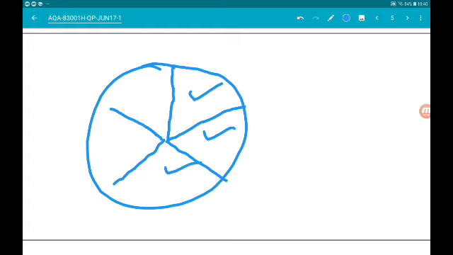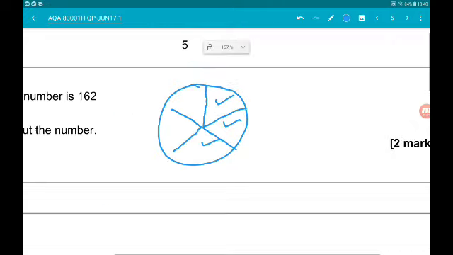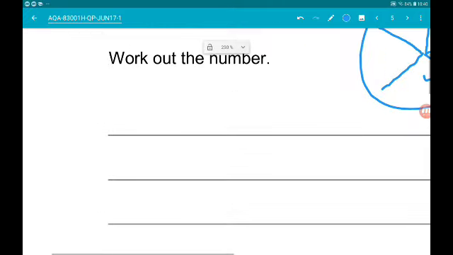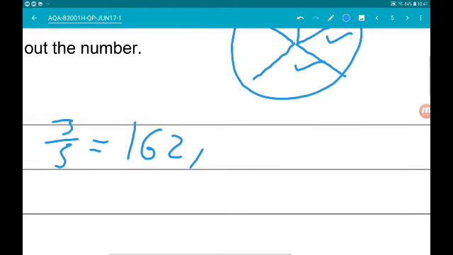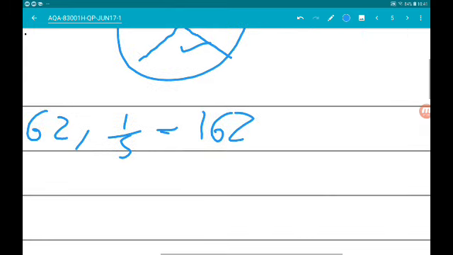So what we need to do is find the value of one slice and then times that by 5, and that will give us the whole pizza. So if 3/5 is 162, then 1/5 is 162 divided by 3.